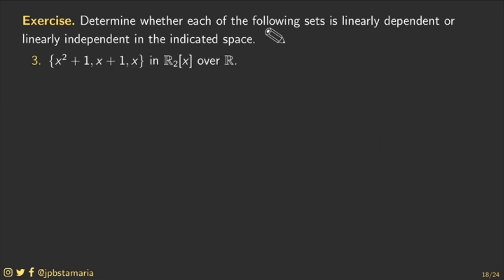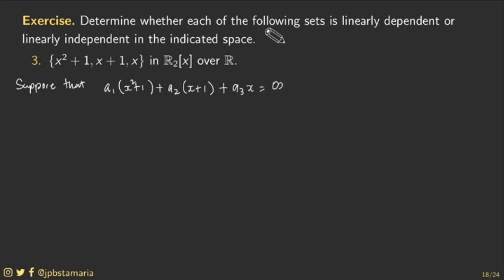How about these polynomials of degree at most 2? Is this set dependent or independent? So again, let's do the following. We suppose that a1 times x squared plus a2 times x plus 1 plus a3 times x equals the 0 polynomial.